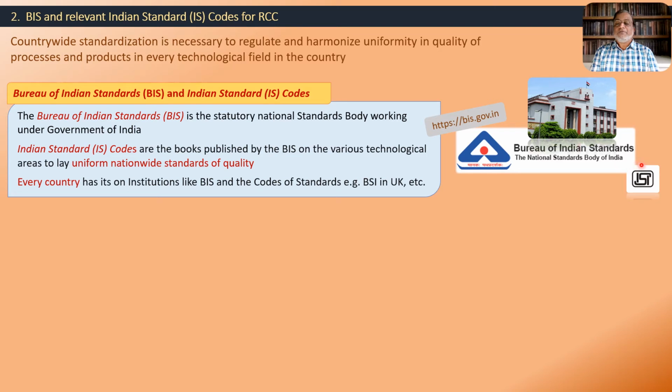We know that whenever we find this mark on any product in the market, we can be assured that it has a particular quality. So this is a mark of assurance of quality. So this is how the standardization is done by the Bureau of Indian Standards. Now what is the Bureau of Indian Standards doing for our engineering processes?